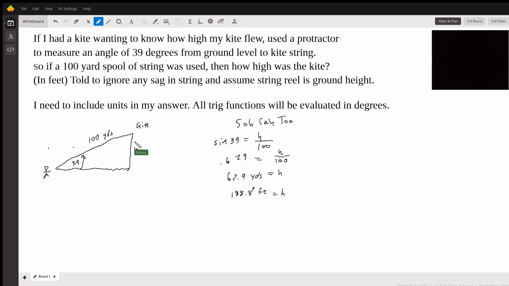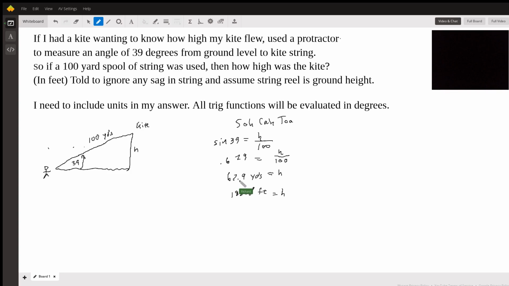Because we've drawn a diagram, even though it's not drawn to scale, this looks like about a 39-degree angle. Maybe it's a little bit bigger than a 39-degree angle. We can't really draw these things to scale as a practical matter, but the diagram does give us an answer, and we can check it.